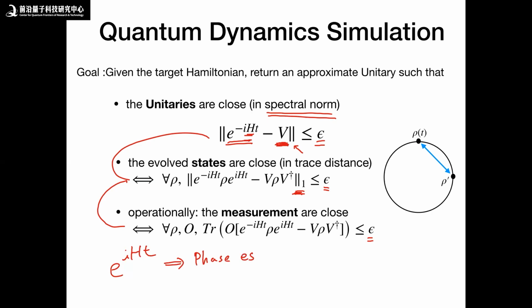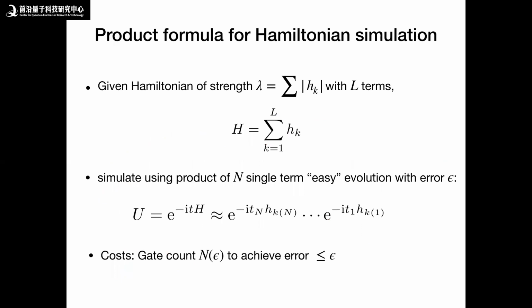I assume you have taken some quantum computing course. Anyway, this is pretty broad. It has a lot of applications once you can simulate unitary. Cool. So how are we going to do it? How are we going to design this V?